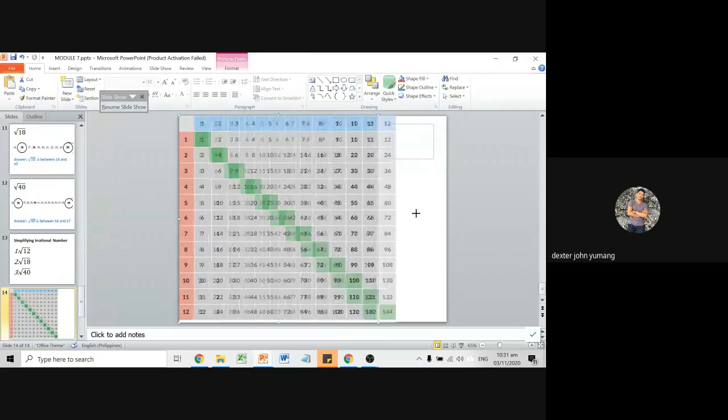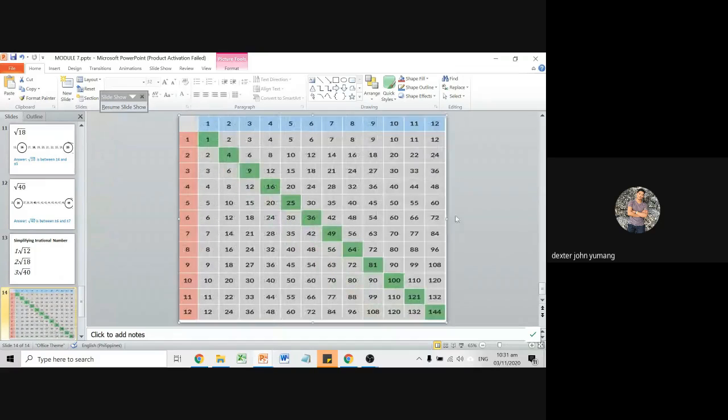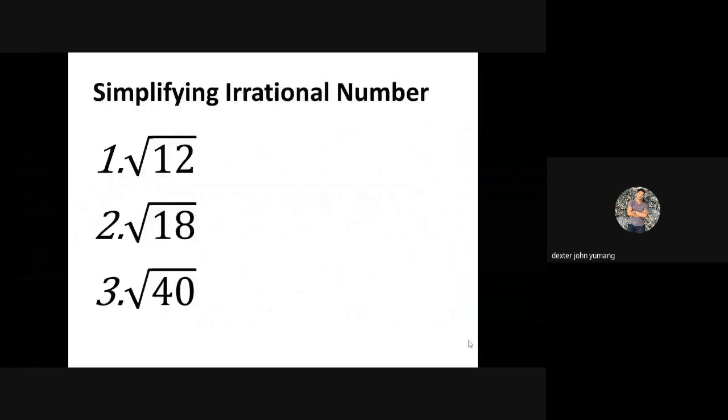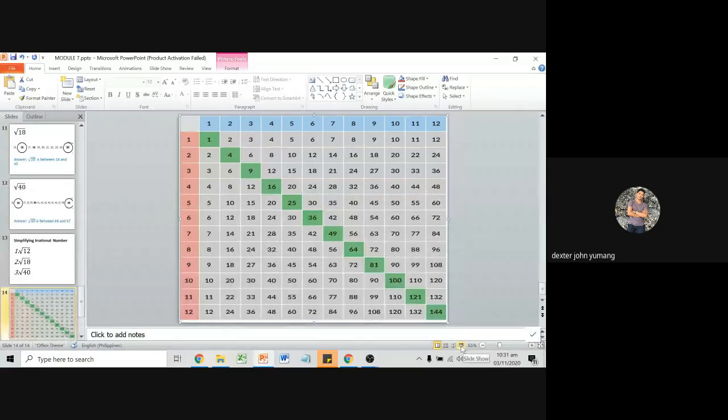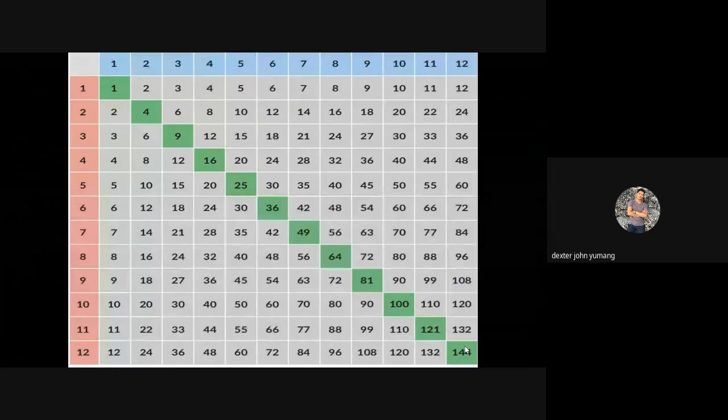Makita na po ba? So, makita na ba? Okay, tingnan niyo. Square root of 40. Meron bang 40 dyan? Wala, di ba?